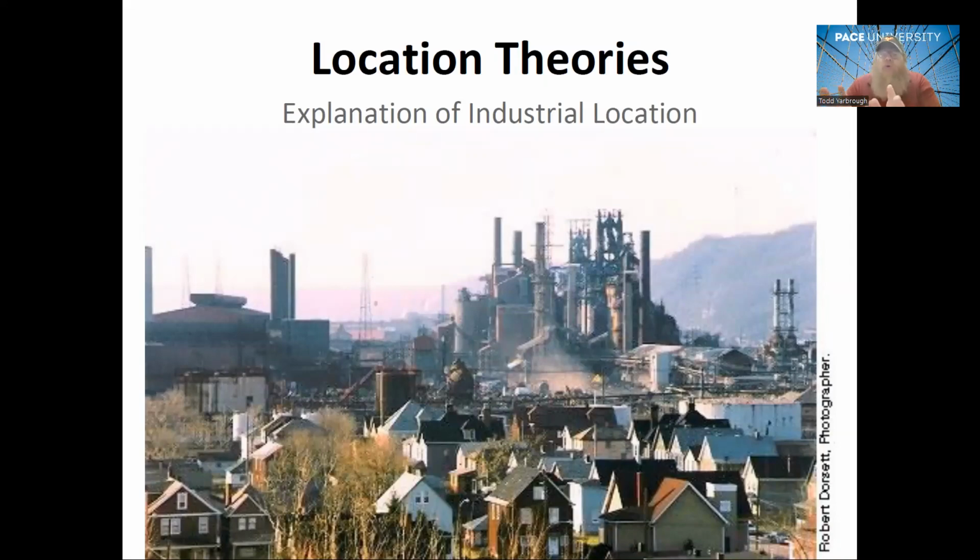As we go further into the semester, we will certainly expound upon the residential choice space that we see as well. But we're really focused on the industrial side of things, the business side of things, because historically speaking, at least, that is what has also driven those residential choices.